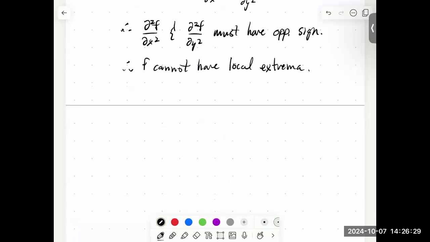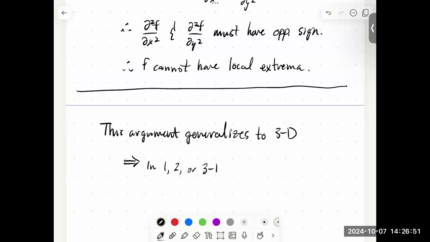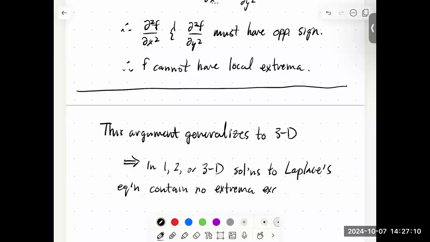Okay, so this argument generalizes to 3D, and the conclusion is that in 1, 2, or 3D solutions to Laplace's equation contain no extrema except at the boundaries.